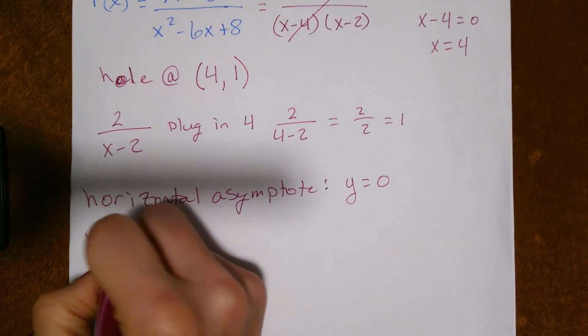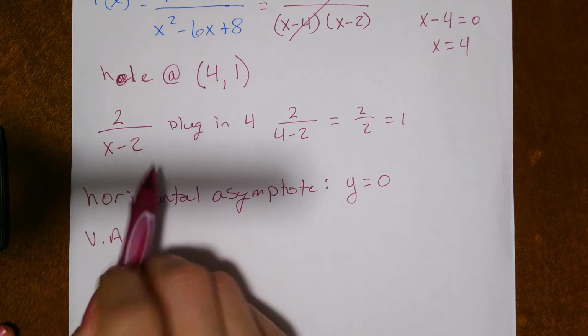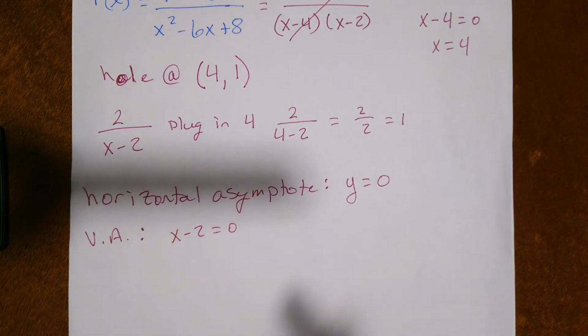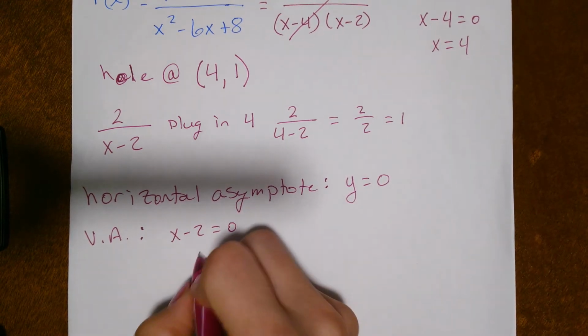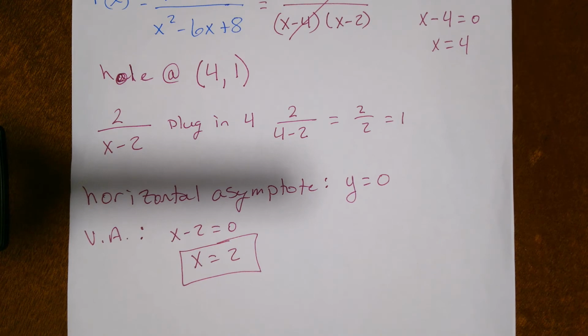My vertical asymptote, shorthand this. Vertical asymptotes come from where the function is undefined, minus the hole. So I'm just looking at where x minus 2 is equal to 0. In that case, I get x equals 2, and there's my vertical asymptote.